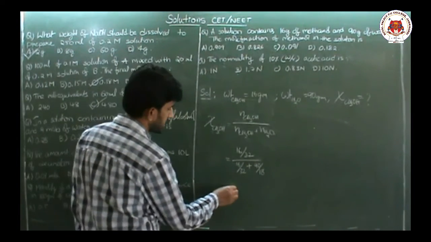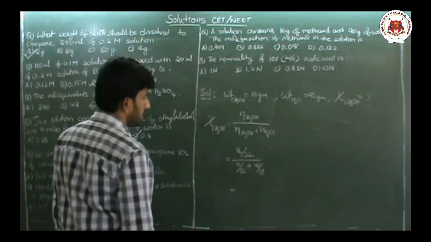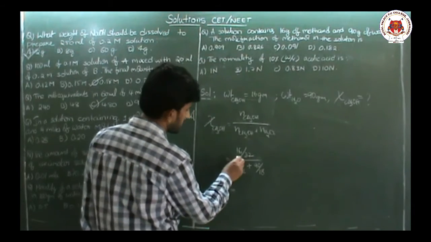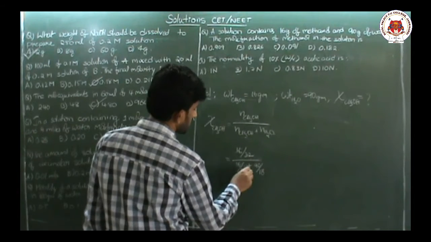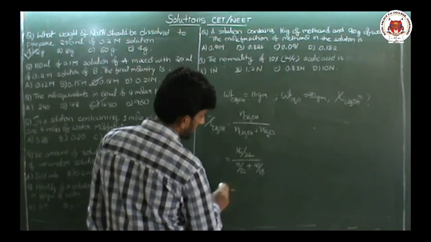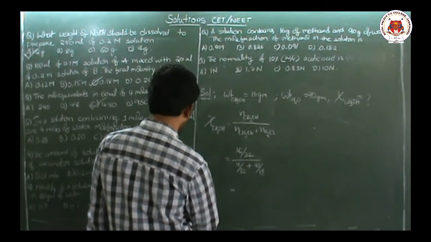Now 16 by 32 is 1 by 2. It is 0.5. And 18 and 90.